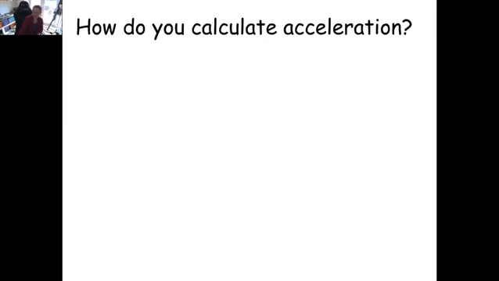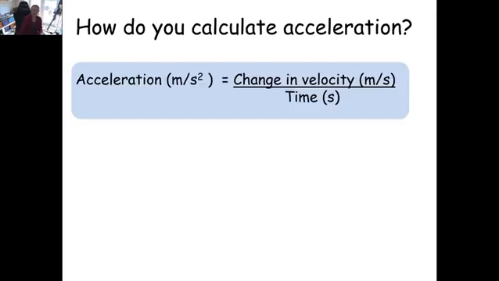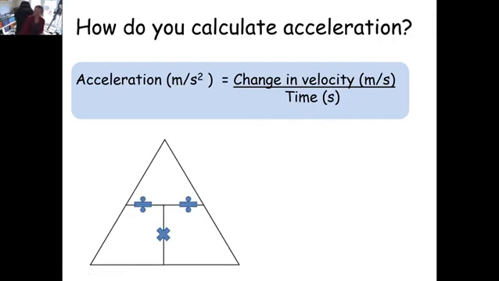Now, as part of your facts, you need to know the equation for acceleration, and we can put that in a triangle in exactly the same way that we do our other equations. Now we know what acceleration is. It's change in velocity divided by time.